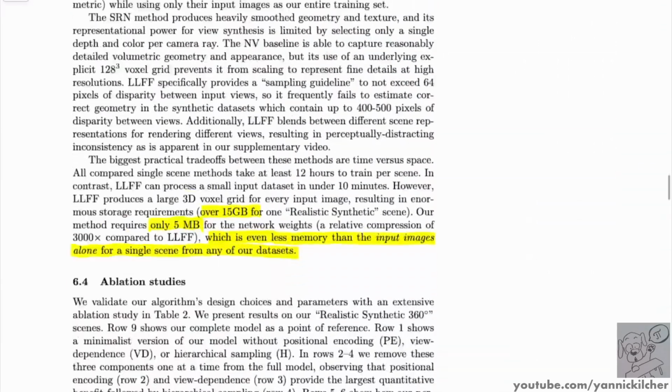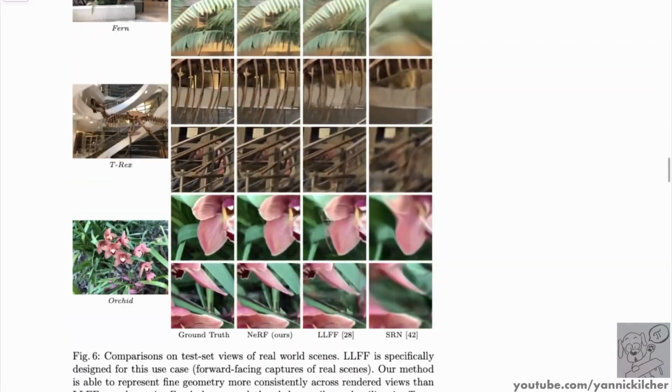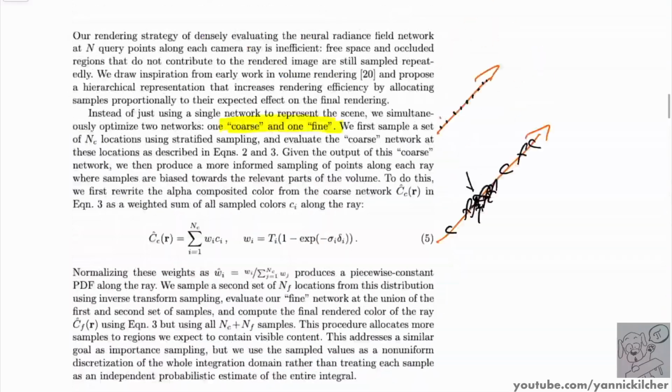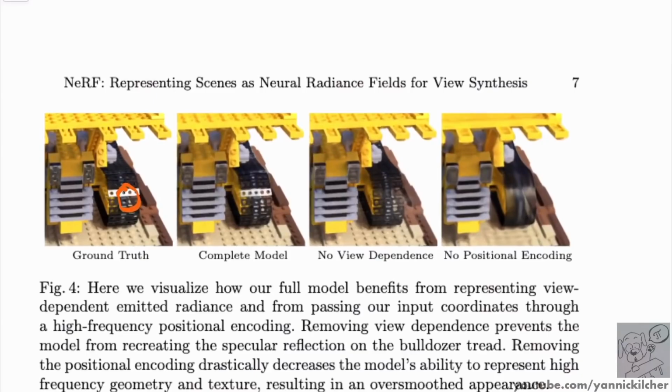And yeah, there's a bunch of results and a bunch of ablations where they leave away different parts, and they show that especially the positional encodings are really important. As you can see on the right, there's no positional encodings. The view dependence is also quite important.